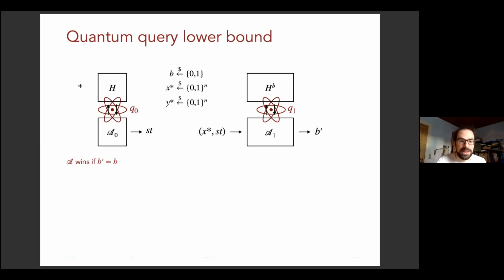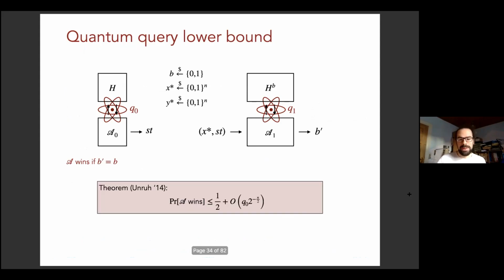Remember that this h here is supposed to model a hash function. So in the quantum setting, we need to provide quantum oracle access. Now, there is a bound readily available that was proven by Unruh in 2014, and it bounds the advantage over random guessing by a term proportional to the number of queries that A0 makes, divided by the square root of the domain size of h.